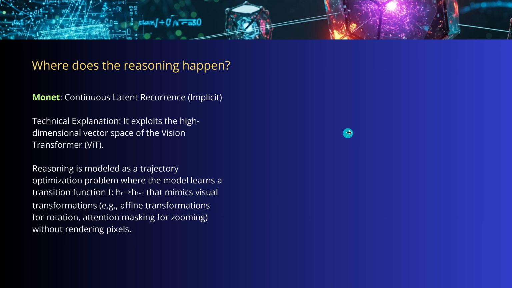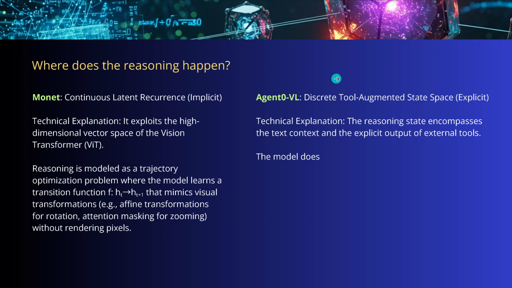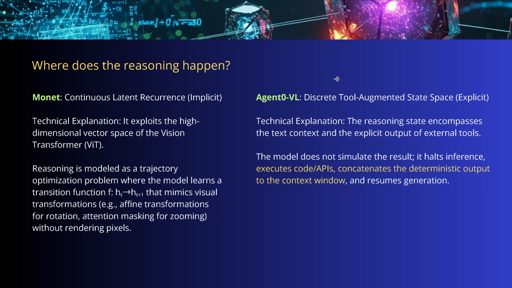There's no pixel space. On the other side, our Agent0-Vision language is a discrete tool-augmented state space. And the explanation goes: the reasoning state encompasses the text context and the explicit output of all the external tools that come back, like a RAG system. So the model does not simulate the result at all. It halts the inference run.